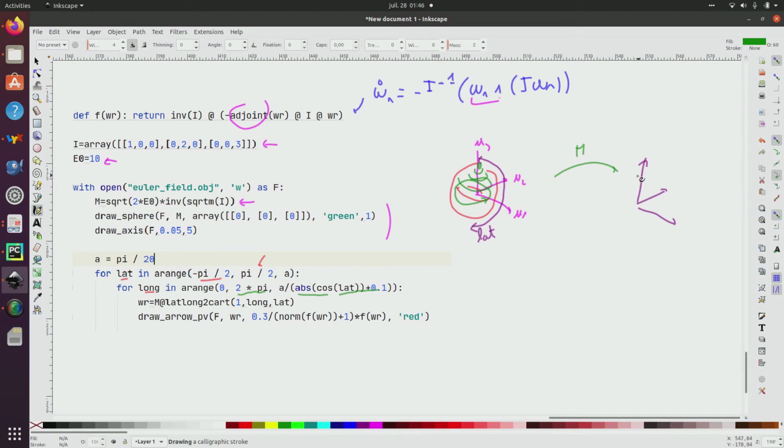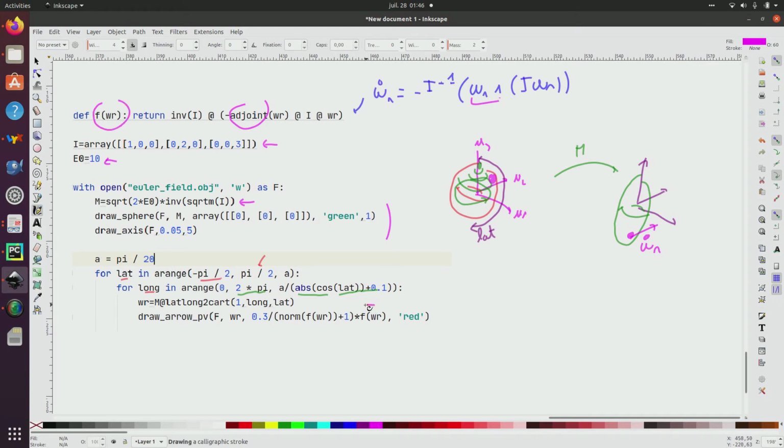So the ellipsoid I represent like this, which is the image of the unit sphere. And once I am here, for each point of the sphere, I will go here in the ellipsoid. And then I will generate the corresponding omega dot r, which is given by this function, the Euler formula.